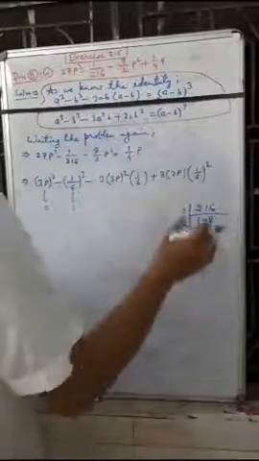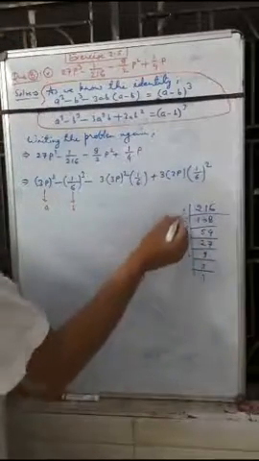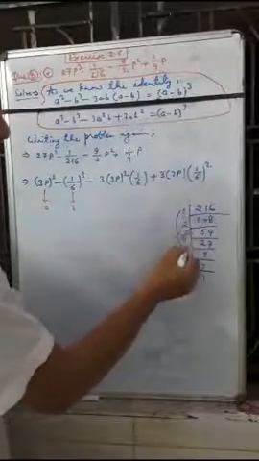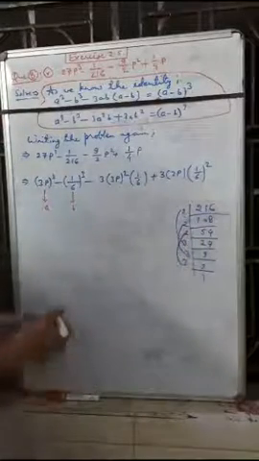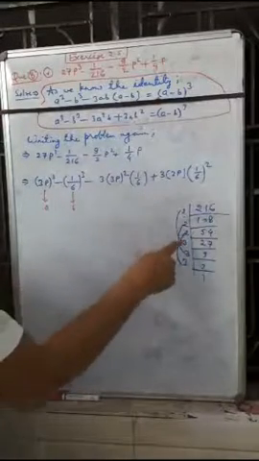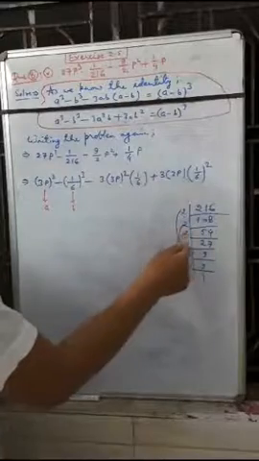We have factorized 216. So we will get 2 into 3, 2 into 3, and 2 into 3. That means 2 into 3 into 2 into 3 into 2 into 3, that means 6 to the power cube.